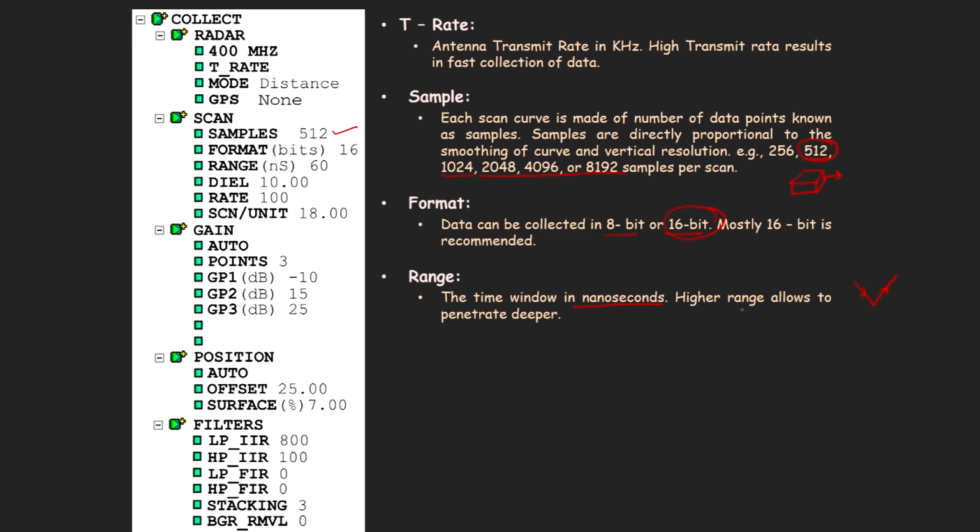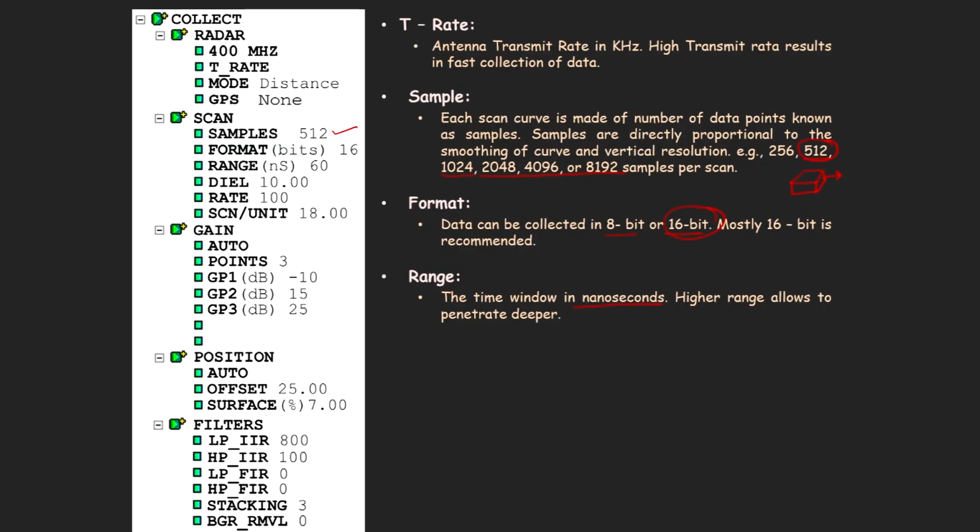Higher range allows deeper penetration. So if you increase the range, you will be able to penetrate deeper, but depending on the terrain and material, you will have to judge based on the wiggle or maybe the O-scope that you are getting. Depending on that, you can do that.